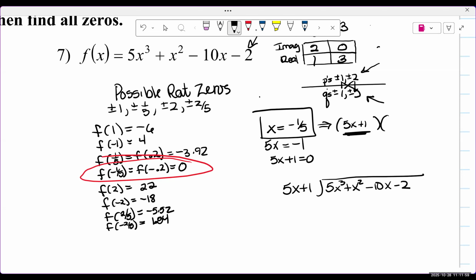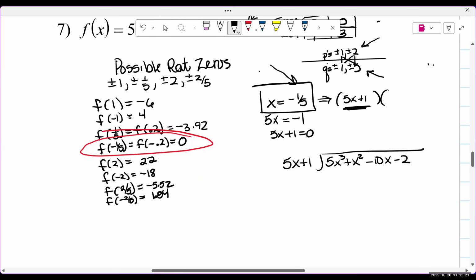Now, the question is, can we do synthetic? Synthetic division, I feel like, is more complicated when you have a coefficient in front of the x, or when this is a fraction. You could, if you're really, really committed to doing synthetic and never doing long division, but let's do long division. Okay, so do we remember the steps of long division?